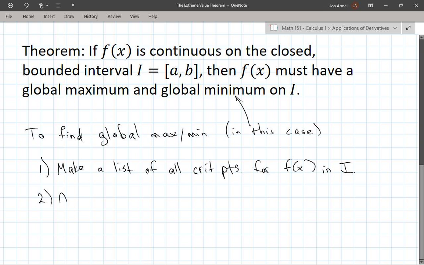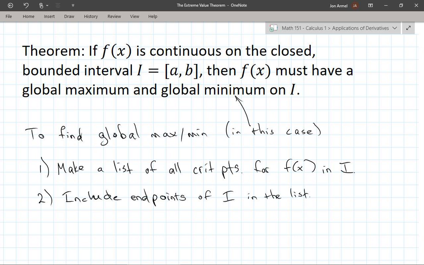So include the endpoints of the interval I in your list too. If you're a computer programmer, you take your list, append this point, and append the other endpoint. Now your list is bigger. It's got all the critical points and it's got all the endpoints.